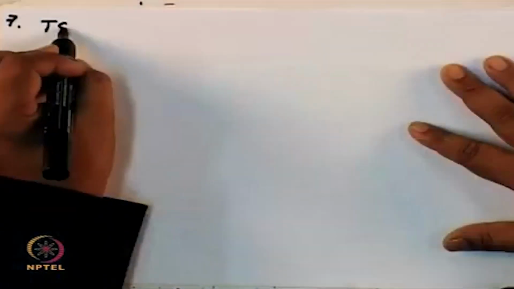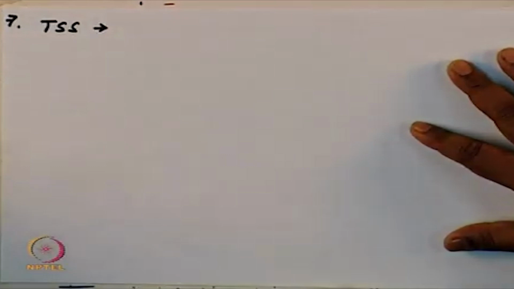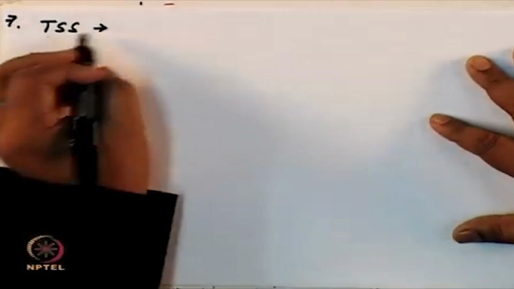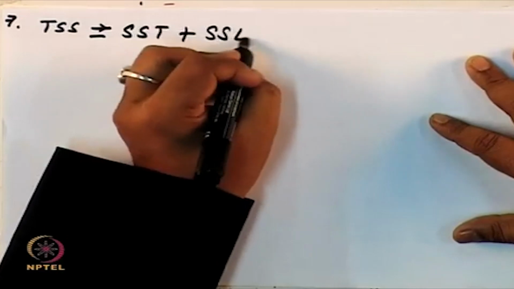So, in ANOVA you distribute the TSS into two fragments. One you call SST, so TSS equal to SST plus SSE.